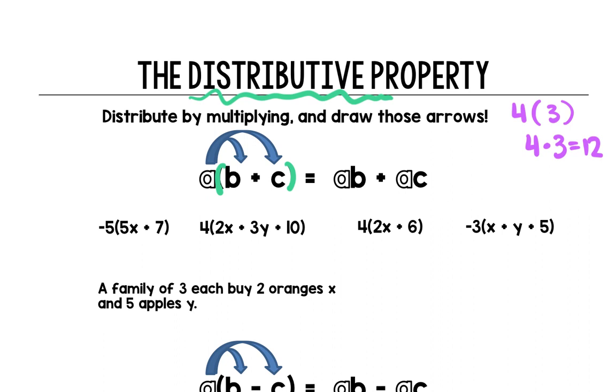When we use the distributive property to expand an expression like this, we are going to use arrows. And I want you to draw the arrows on your paper. So for example, this A, this coefficient right here, we are going to multiply that A by this B right here. That's going to give us A times B. Then we aren't done because the parentheses are not over.